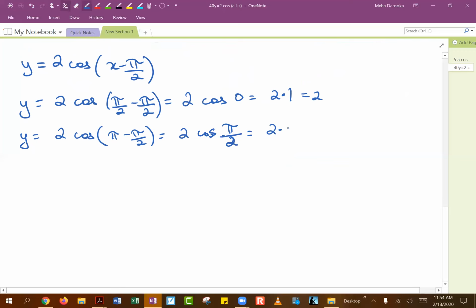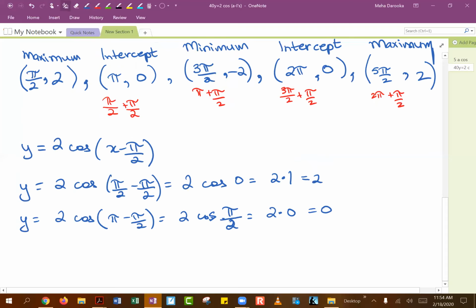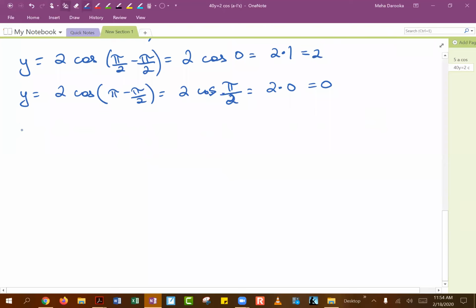That means your cosine value is 0. So 2 times 0 will become 0. And then with 3 pi halves, you're going to now put 3 pi halves for your x. And what is 3 pi halves minus pi halves? Pi, so cosine of pi would be at the 180-degree position. So what's your cosine value for that point?